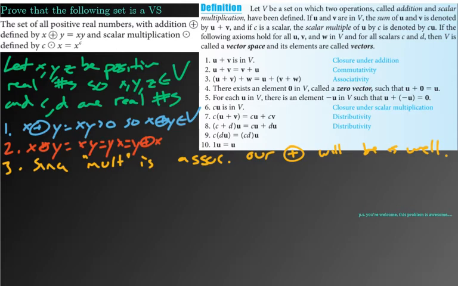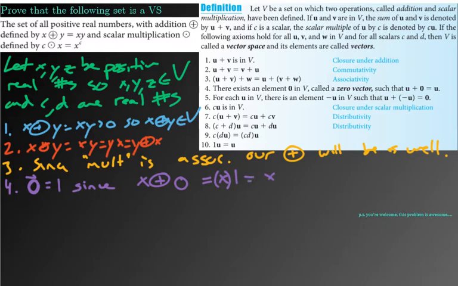Number 4 is where things get kind of fun. The zero vector, bold 0, equals 1, like the number 1. If you take any vector x and add it to this 0 vector, it equals x times 1, the way we think of multiplication, which is of course just x.